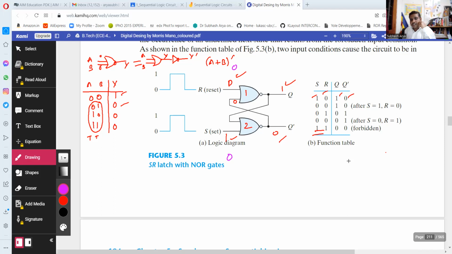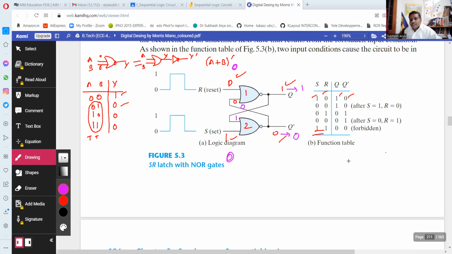But here both NOR gates have input 0, so we cannot take a decision. We have to look at the other input. So what is the other input? From here we can see this is logic 1, coming here. This is 0. So 0 and 1 will make output 0. And this 0 will go here. 0, 0 will make output 1.